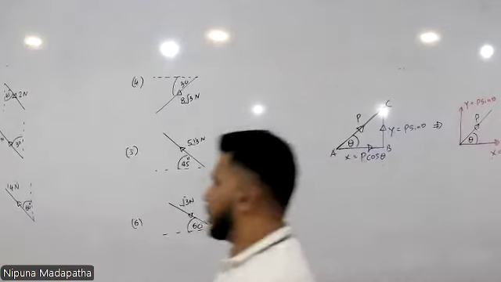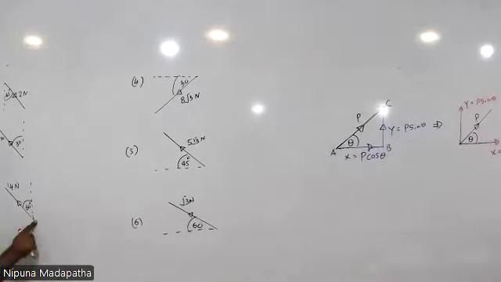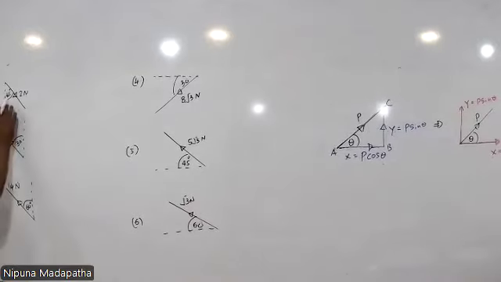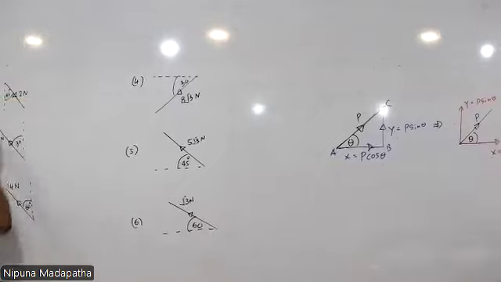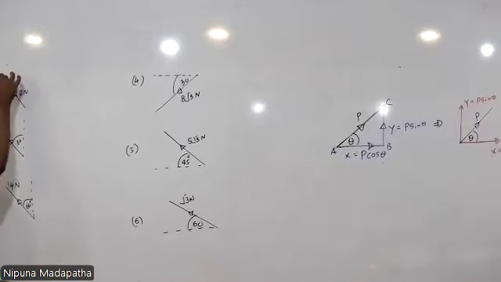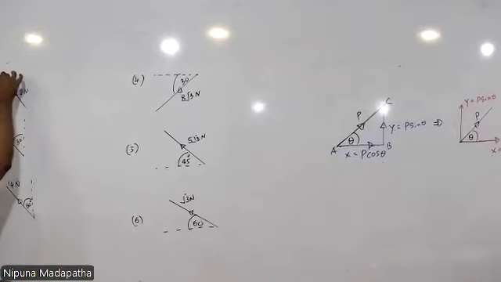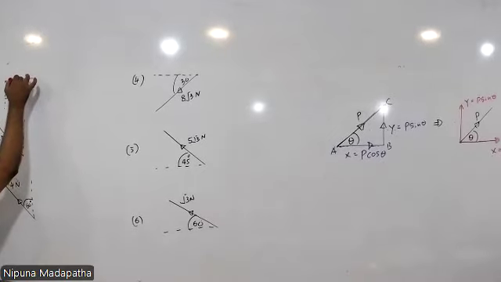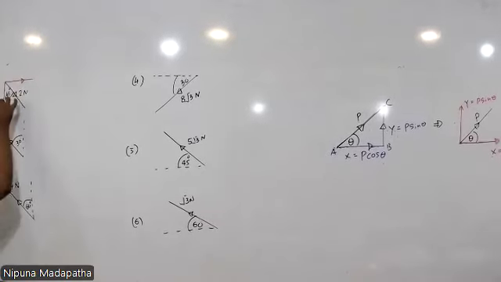So what are the components of the first one? The angle is taken from here. So you can resolve this 2 Newton vector to the horizontal and also to the vertical.